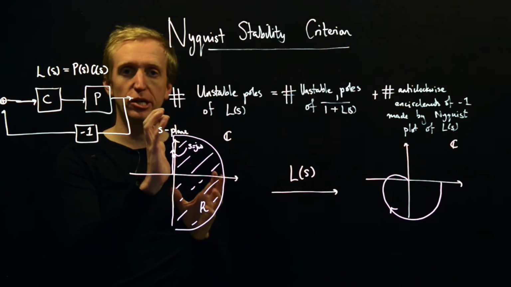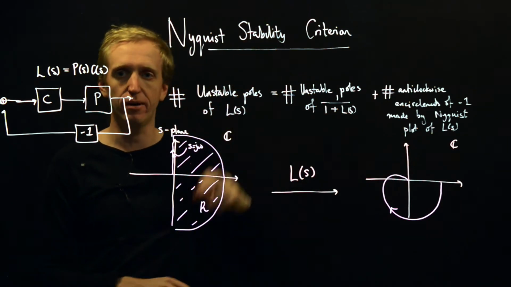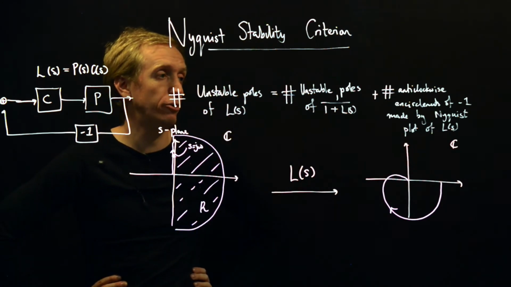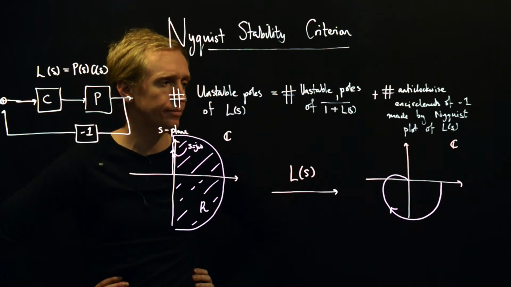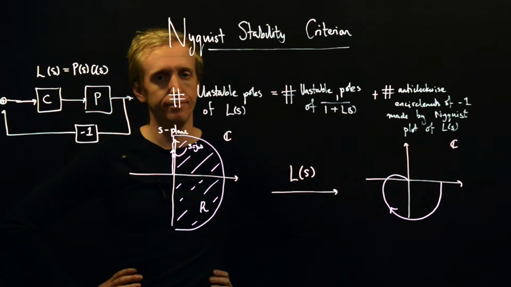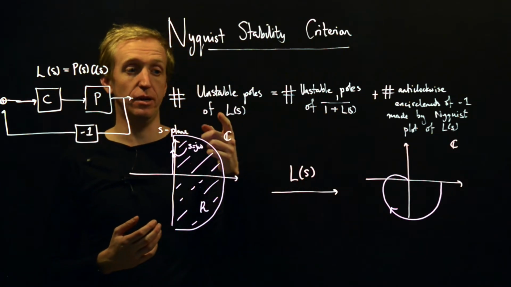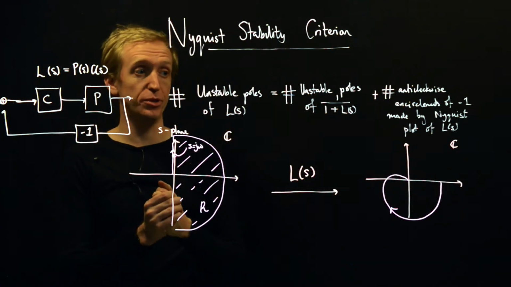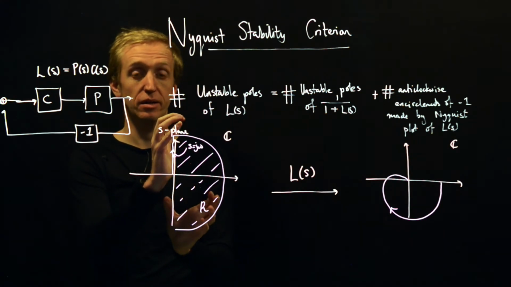Maybe we don't pick the region R big enough and there's some other unstable pole that's just really far out. And actually, this worry is, at least in theory, valid. So there are extra conditions that you have to apply to the function L of S in order to be able to predict stability on the basis of a region of finite size like this.